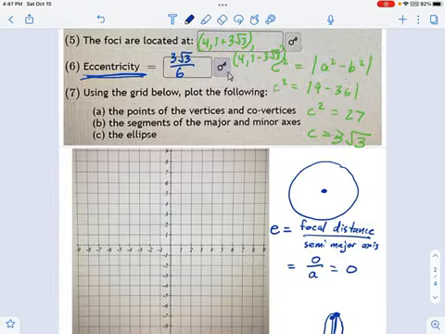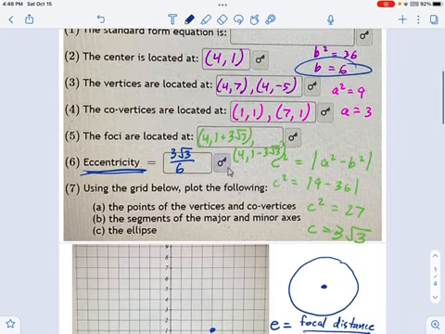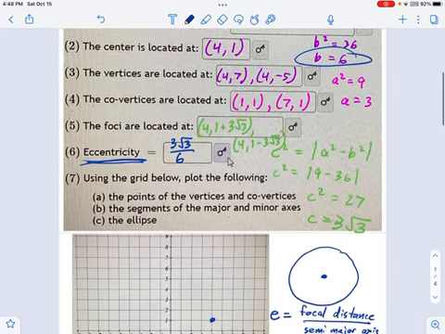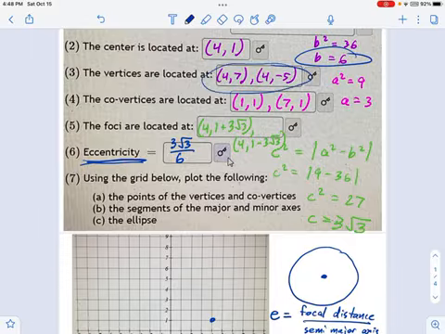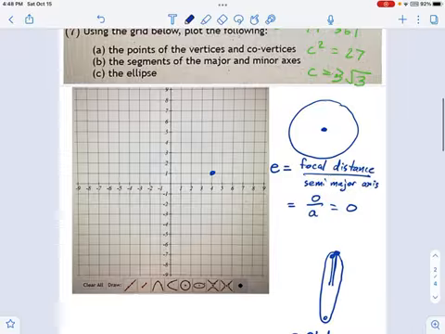So now the easy part is we just pop everything on a graph. Okay, and if we've done all the work already, this part's pretty easy. I'm going to put the center on here. I know it doesn't ask you to plot the center as a point, but I'm going to put this on here just so I can keep myself oriented, and then we'll take that away. So first I'm going to draw the semi-major axis. And remember what that is. The vertices, yeah. So I'm going to draw the vertices, which go from 4, 7 to 4, -5.